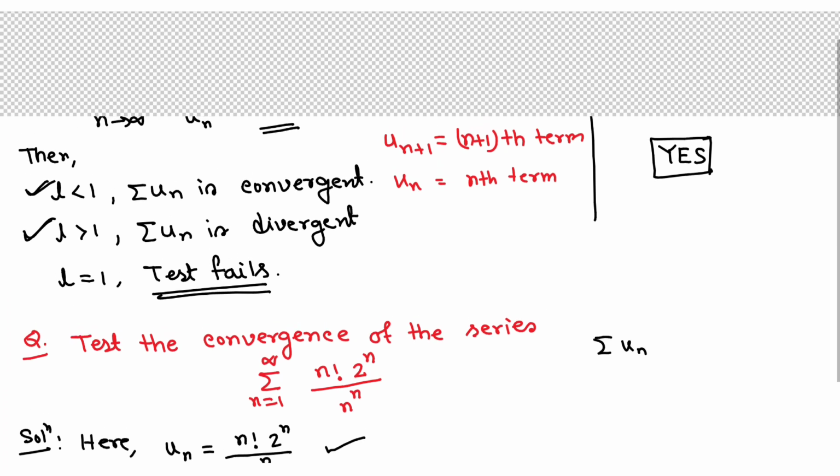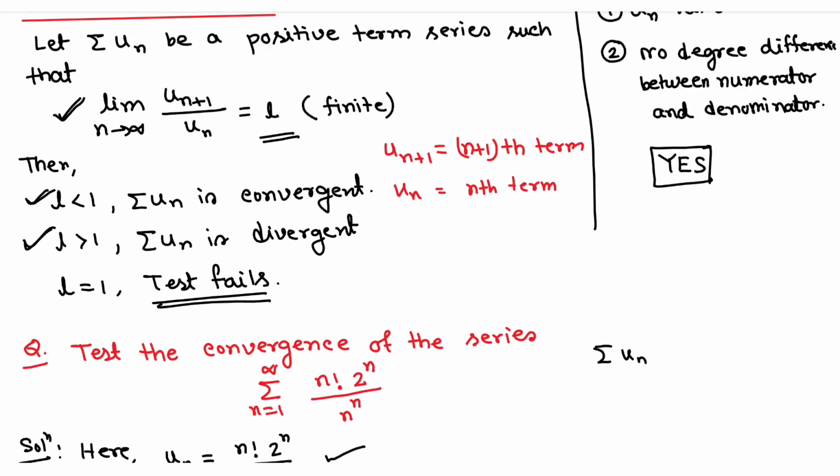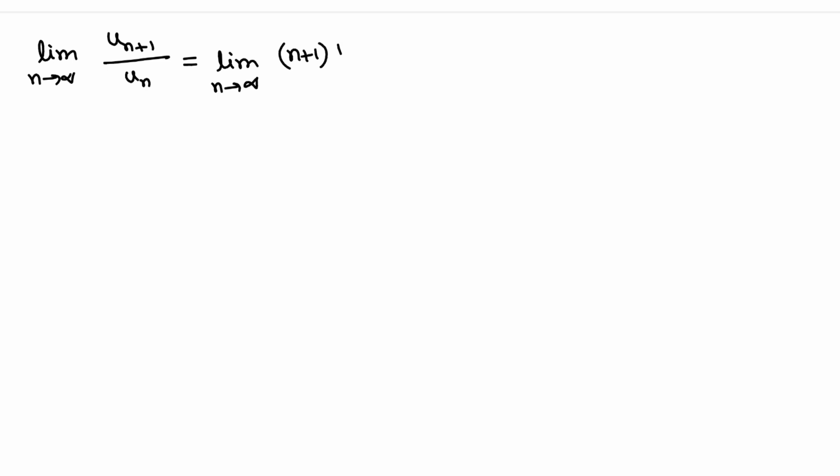Now calculate limit n tends to infinity un plus 1 by un. So limit n tends to infinity un plus 1 divided by un equals limit n tends to infinity, n plus 1 factorial into 2 to the power n plus 1 divided by n plus 1 to the power n plus 1, divided by un.